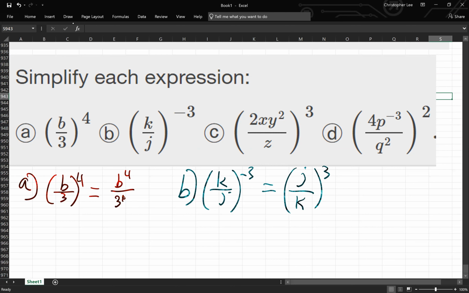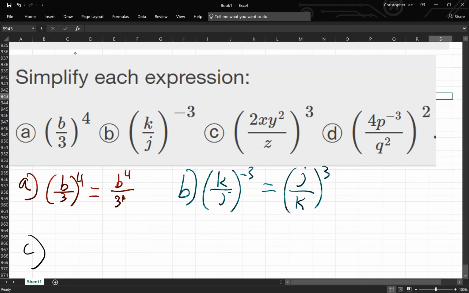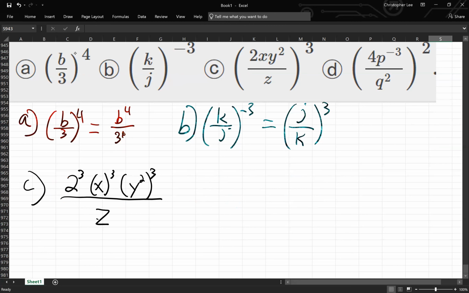Let's look at C. So C, I have 2 times x y squared divided by z raised to the third power. Everybody gets the power. So what does this become? 2 to the third power times x to the third power times y squared to the third power, all divided by z to the third power.